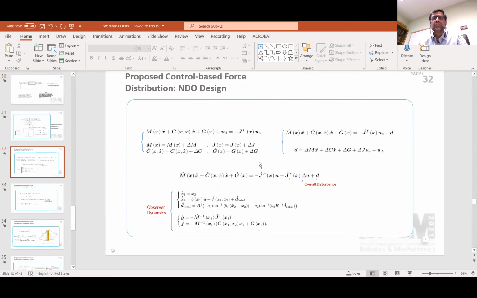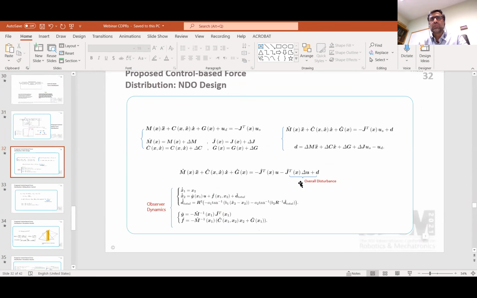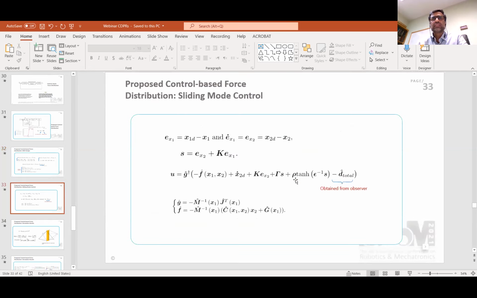If you see this equation, our disturbance, which is shown as d total, is directly used in our controller. Because of this, we don't need the null space of the Jacobian. We can control the system. Thank you.